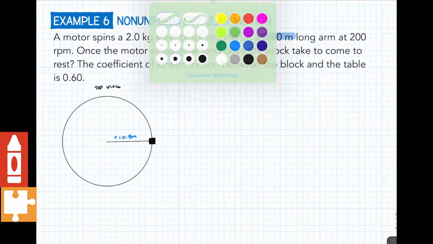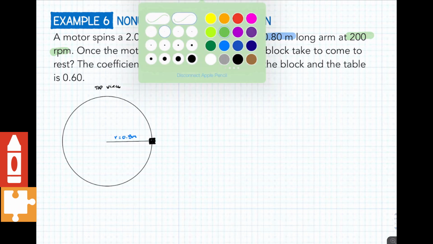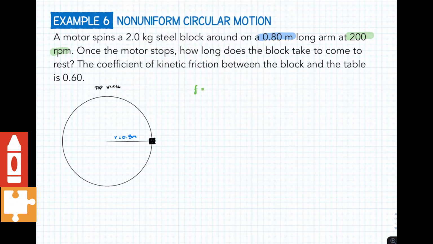We have a frequency of 200 rotations per minute. We have a mass of 2 kilograms, and a coefficient of friction of 0.6.